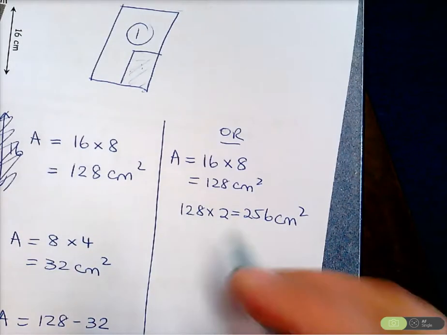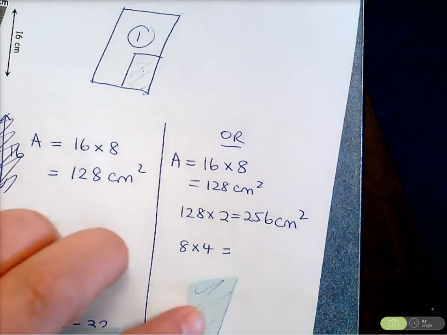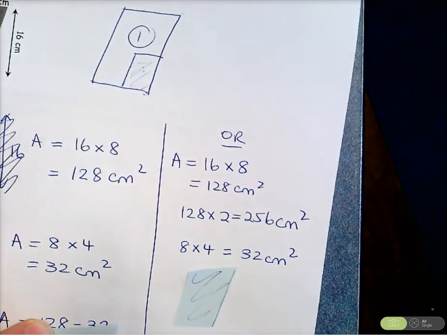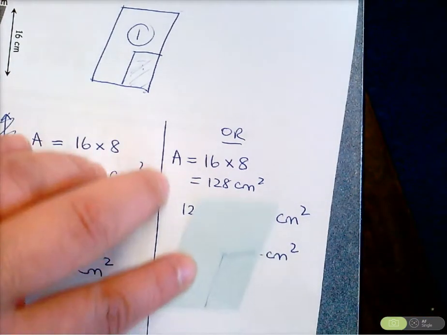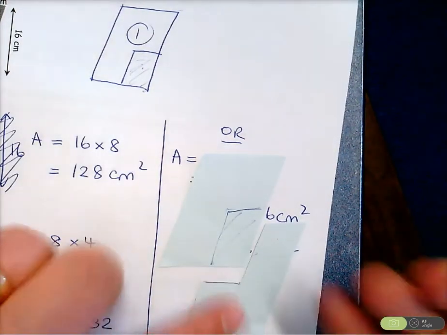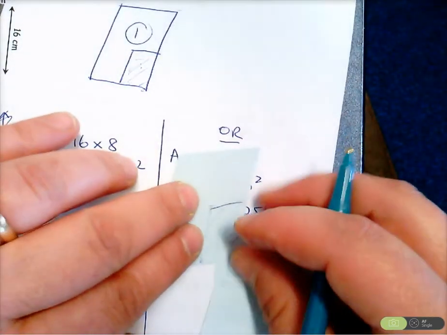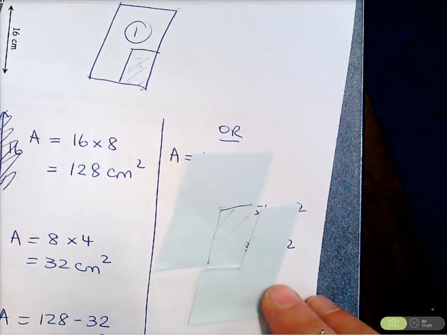But the mistake that a lot of people made was this. They worked out the area of the small one, which is 8 times 4, which is 32, but they only took away the 32 once. Here's my parallelogram, there's my other parallelogram. If I take away a 32, I've still got this shape.